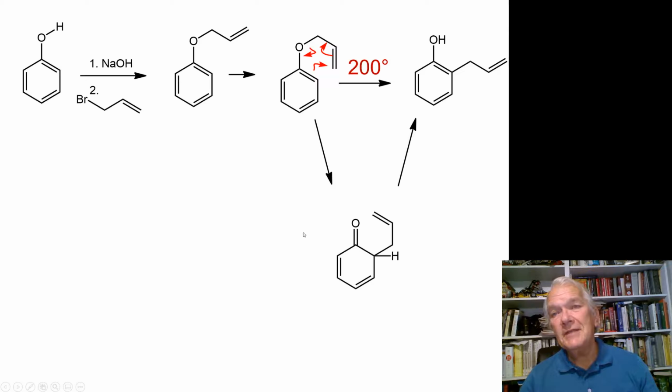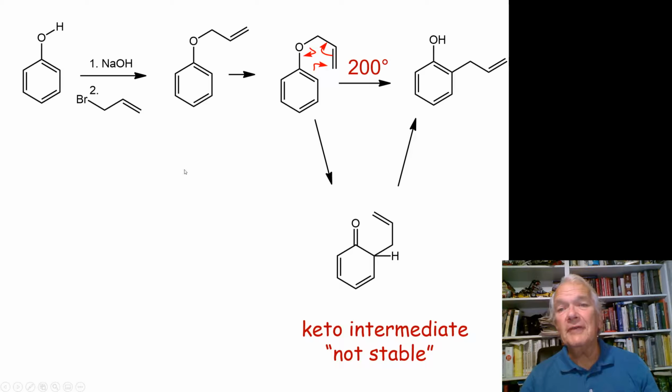And here is that same product that we had on the previous slide, which is this ketone, which will tautomerize back to the phenol. So this is a very strange looking reaction, but it's a member of a much larger family of reactions.